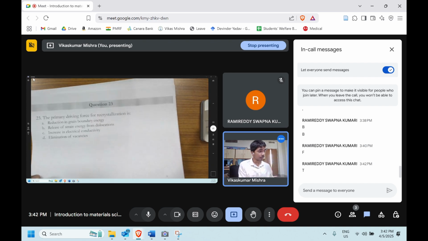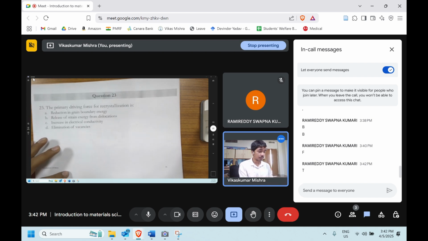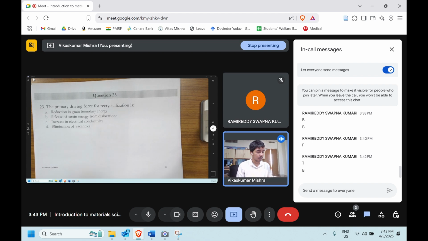Here, the primary driving force for the recrystallization is. Now we are talking about recovery, recrystallization, and grain growth. Those topics are going to come now. The primary driving force for the recrystallization is: reduction in the grain boundary energy, reduction of the strain energy from the dislocation, increase in the electrical conductivity, or elimination of the vacancies. Very good.